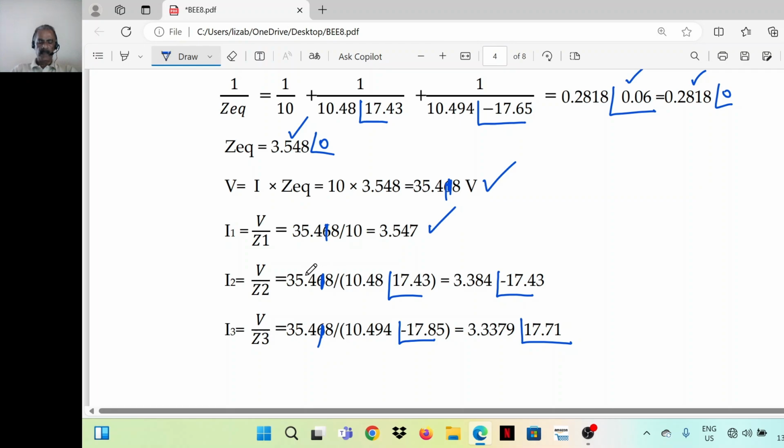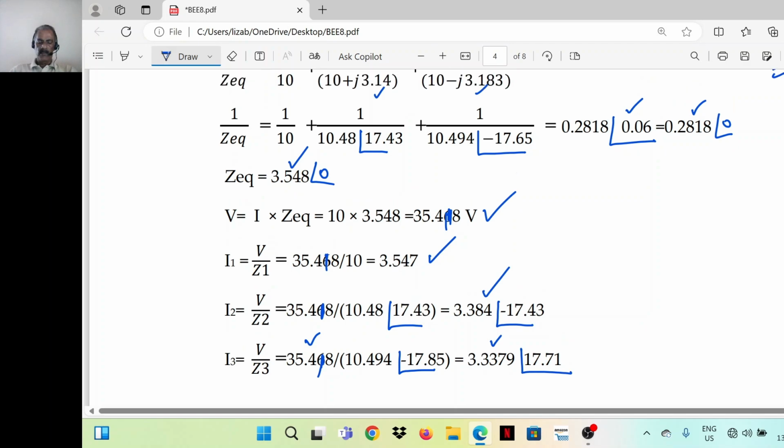Then V by Z2, 35.48 divided by 10.48 angle 17.43, we get 3.38 angle minus 17.43. I3 is V by Z3, 35.48 divided by 10.494 angle minus 17.85. That is 3.33 angle 17.7. So these are the branch currents.